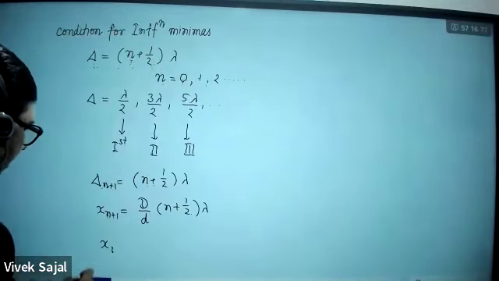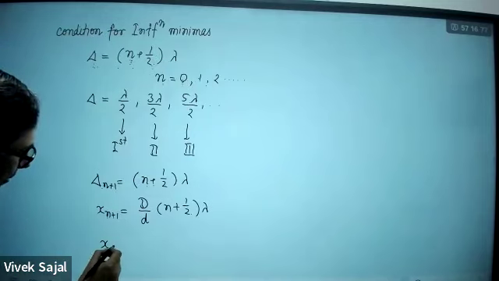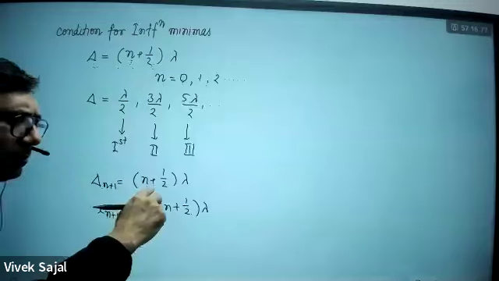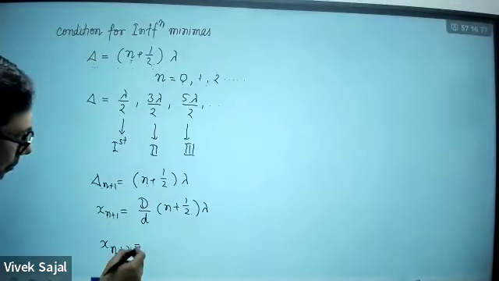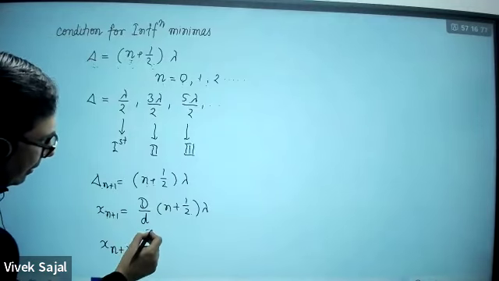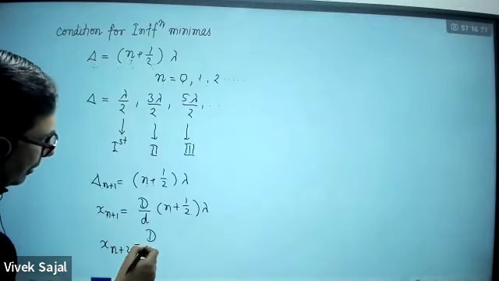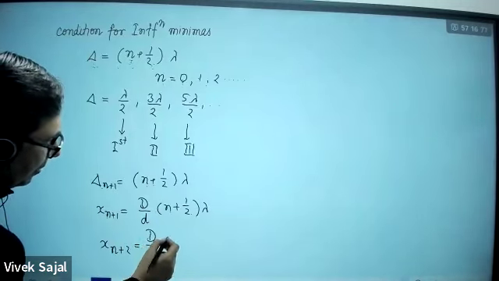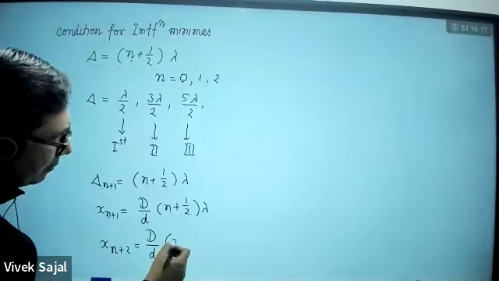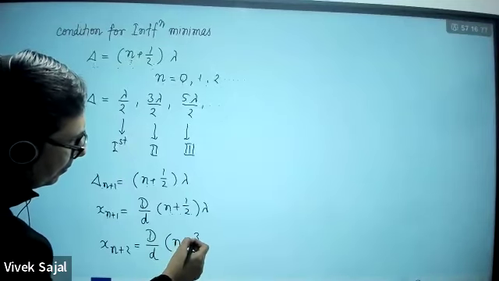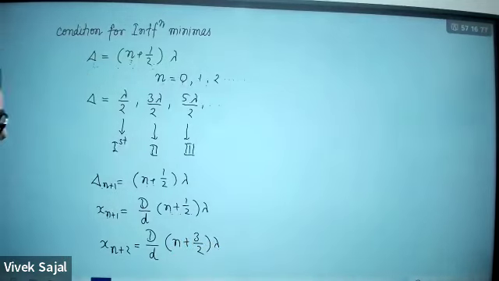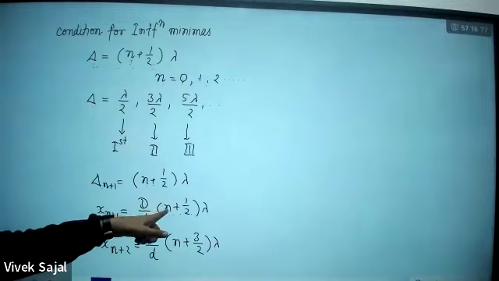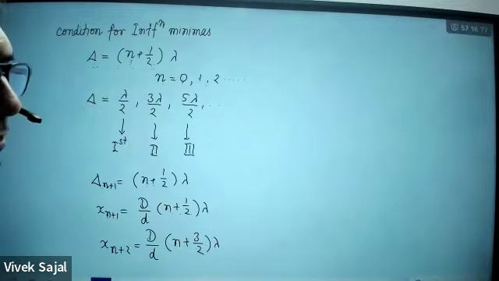Hopefully you are understanding. Next is n plus 2. I'm not interested in order, I'm interested in the next minimum. So in place of n, increase it by 1. So this will become (n plus 3 by 2) lambda. So you are increasing n by 1.